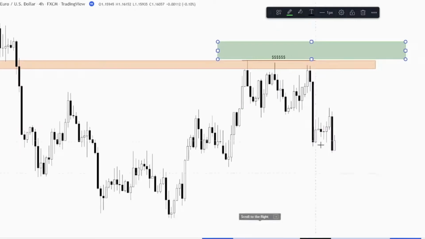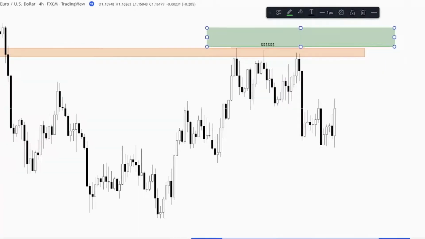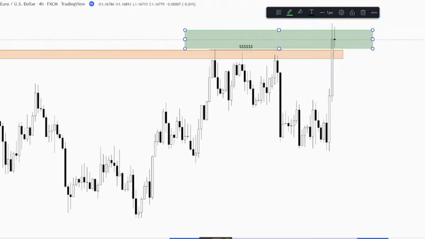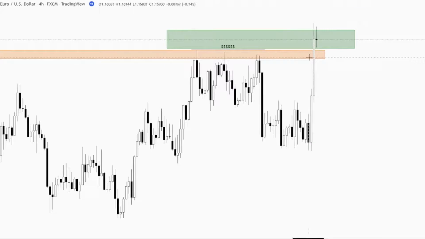Now remember that when the market returns here, the retail traders will be waiting to sell, right? Okay. Now look at this. So at the point where the market was returning here, the retail traders were saying we are going to sell in this area. Why? Because when the market comes to this area, all the time this area is respected and the market goes down.